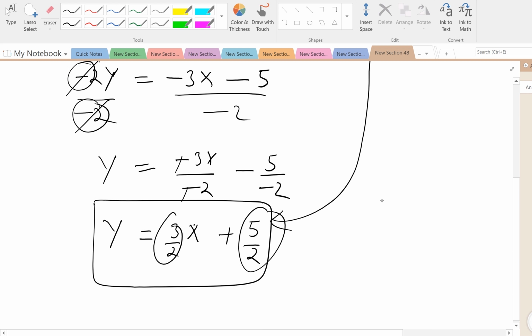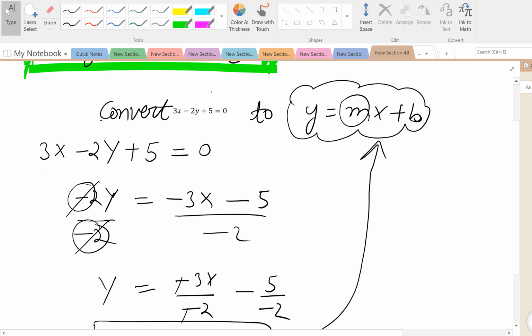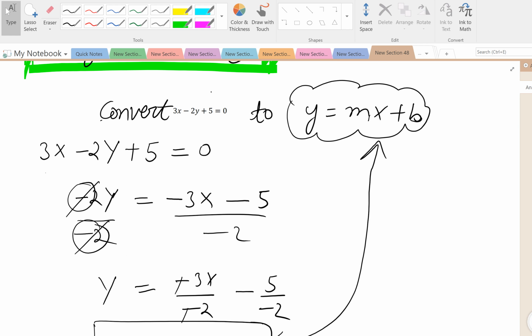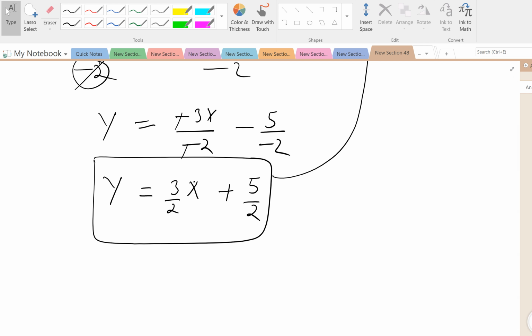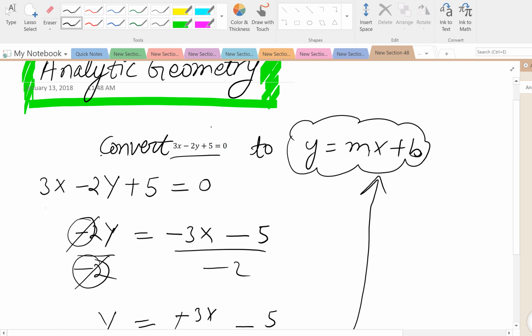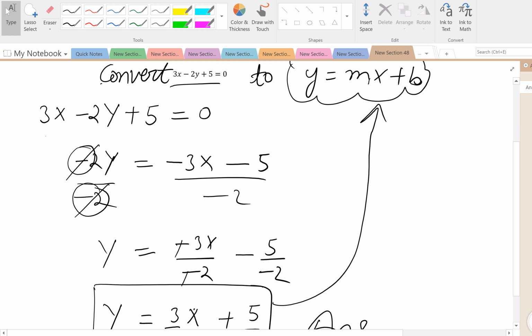So we got the slope intercept form. That's what we call it, the slope intercept form of the line. That's the answer. So we converted the general form to the slope intercept form. So this converts to that.